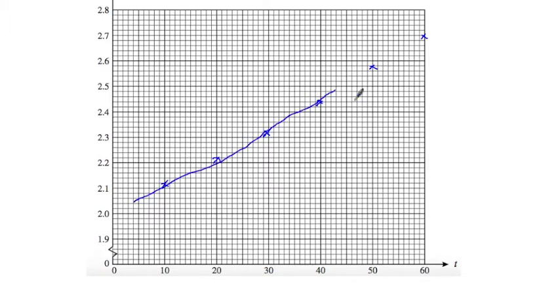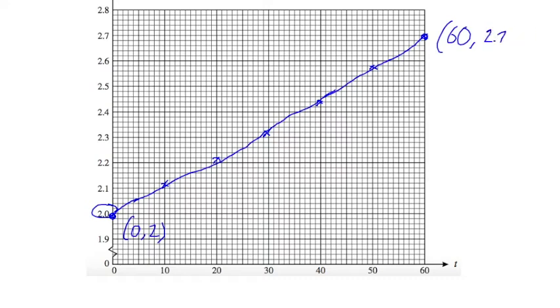Now you will use a ruler in the exam. So we need to read off our y-intercept, which I'm going to say for me is 2. Yours might be a nicer straight line, so you'll get a better value. And then I'm going to try and find the gradient. So I'm going to use the two furthest apart points I can find, which is 0, 2 and 60, and that is about 2.7.